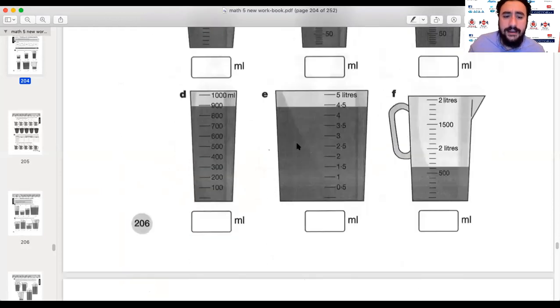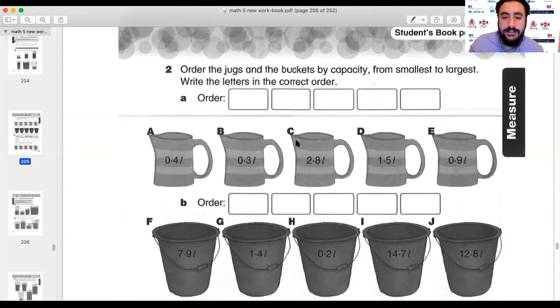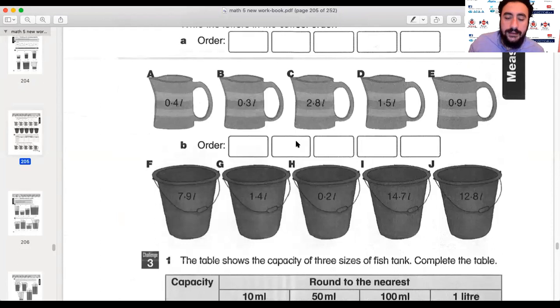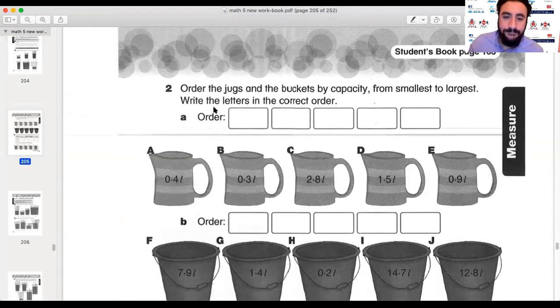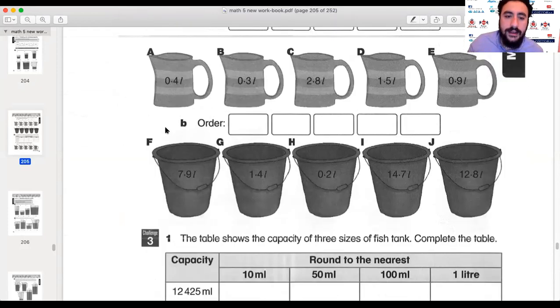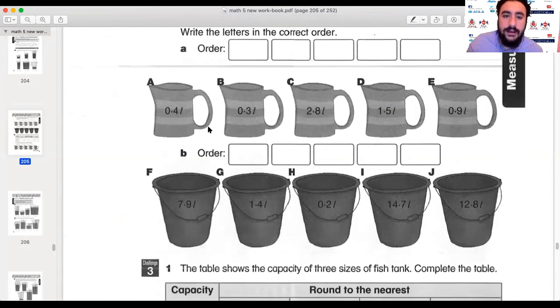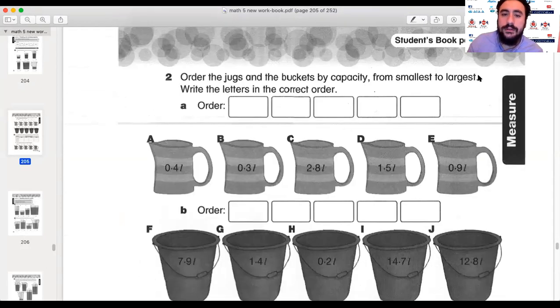I'm going to skip challenge number 2, and I'm going to ask you to order challenge number 2, letter B, this one. I'm going to ask someone now to order them from smallest to greatest.